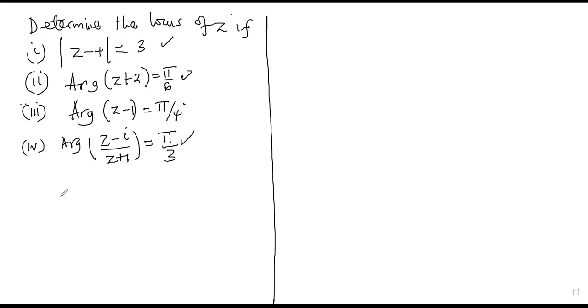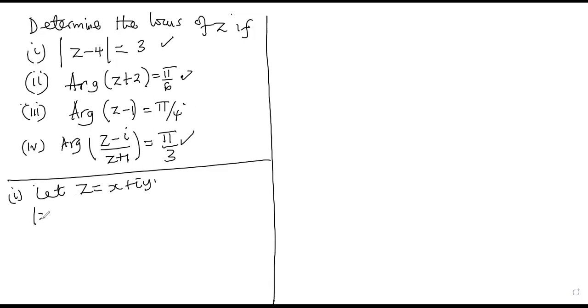So the first one, you have said that in all cases, let my z be x plus iy, implying that magnitude of x plus iy minus 4 is equal to 3. So the real part is x minus 4, plus iy, is equal to 3.